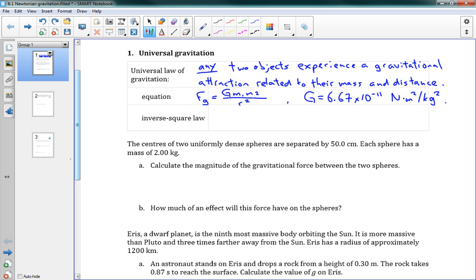It's the inverse square law, and this is when one value decreases with the square of another value.